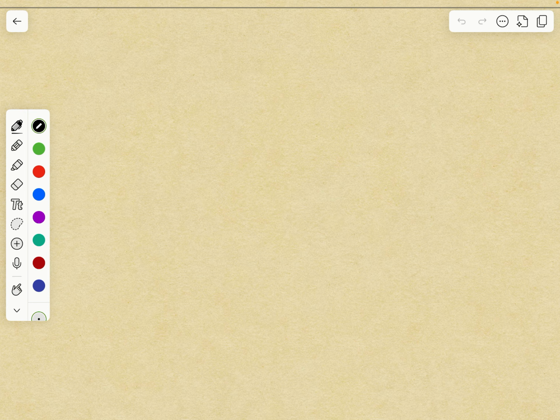So a metric space E is compact if, as a set, it's compact.